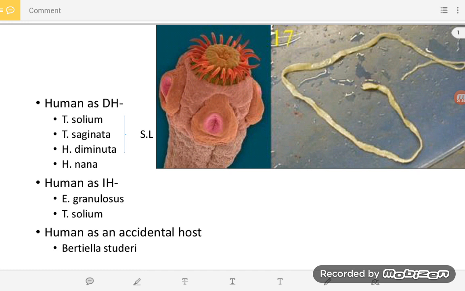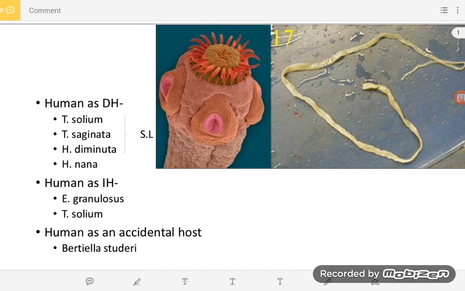Sometimes in the case of Taenia solium, man gets infection through ingestion of the egg, accidentally, and the egg becomes a larva. At this step, the human acts as an intermediate host, so human as an accidental host.